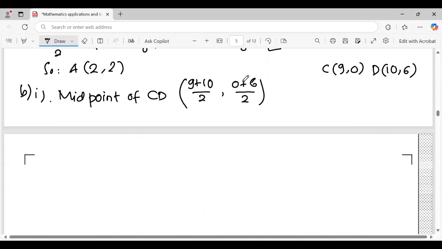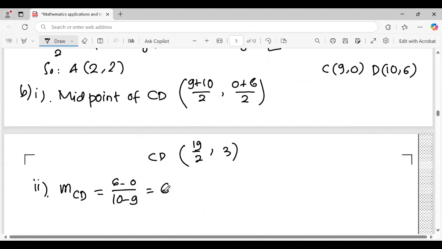So the midpoint is (19/2, 3). This is the midpoint of CD. Next, we need to find first the gradient of CD. The gradient of CD is (6 minus 0) over (10 minus 9), and it equals 6, because 6 divided by 1.